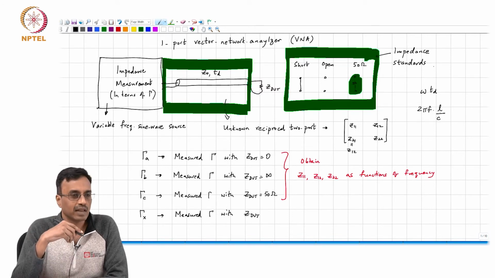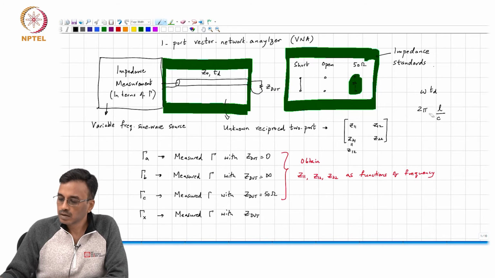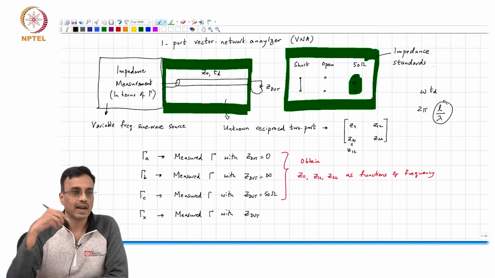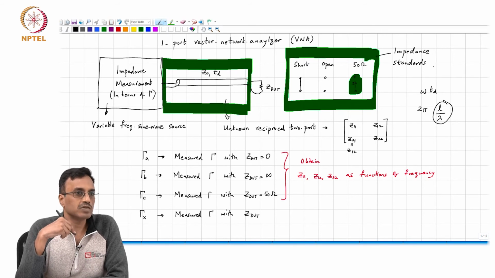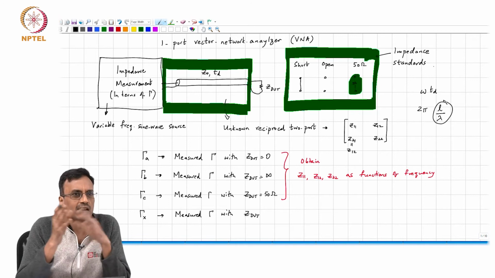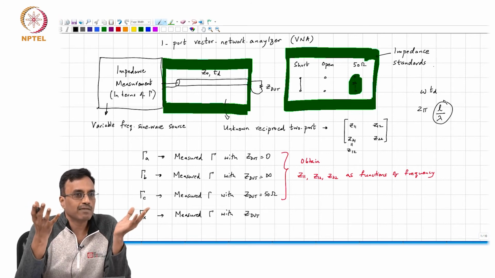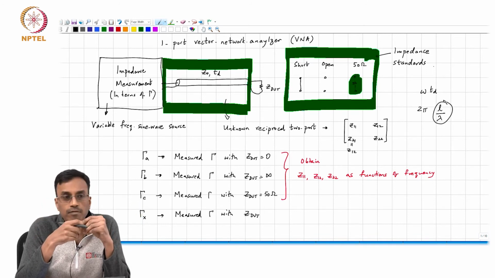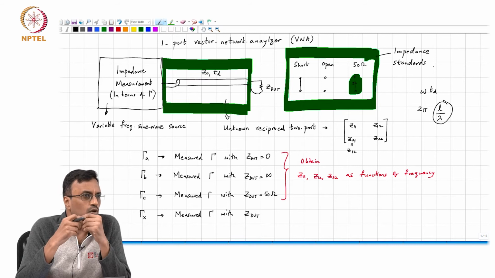And c by f is lambda. So basically this L by lambda is what matters. There is nothing which is absolutely high frequency or absolutely low frequency, correct. Everything depends on the ratio of distance to wavelength.